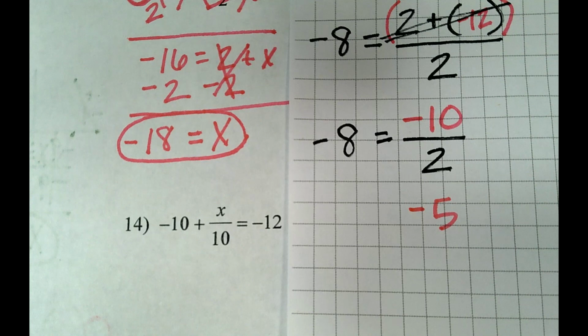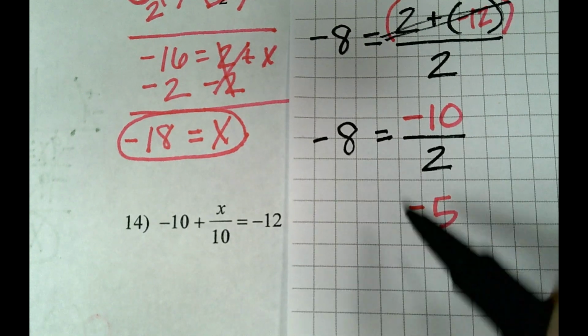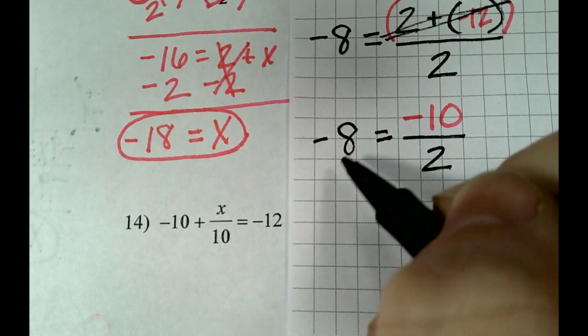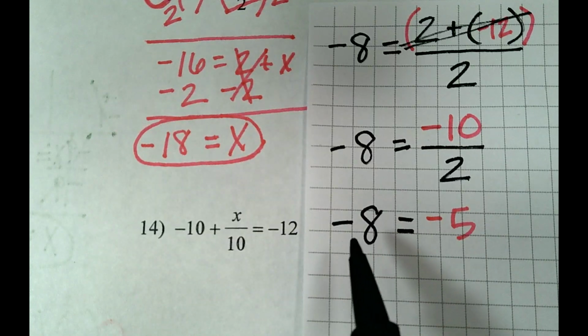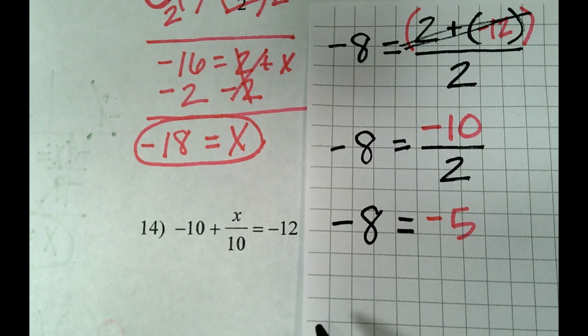Negative 5. So I end up with negative 5 equal to negative 8. Now we have to ask ourselves, is negative 8 equal to negative 5? Are those the same? No.